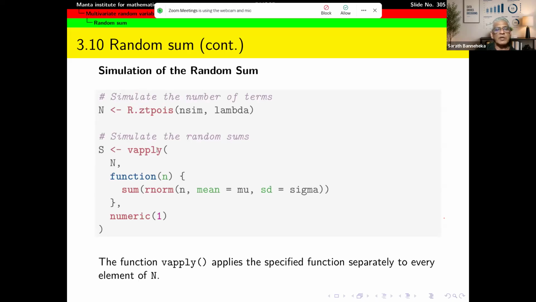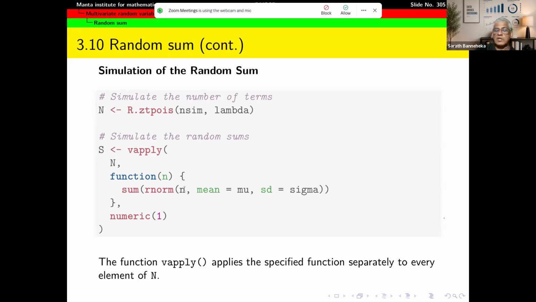This vapply function applies whatever function we give here to each component of this N separately, and then gives us one value at the end for each n. Numeric one means one value at the end. So what is the function that I'm going to consider? I'm going to write it as a function of a simple n. It doesn't matter, you can use any letter here, as long as you use the same letter in the body.